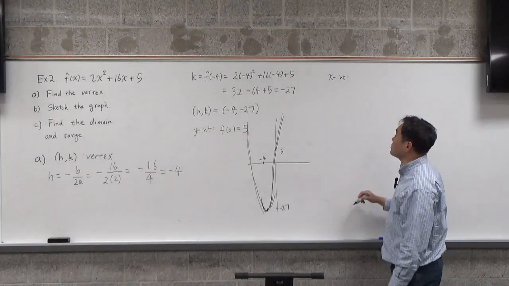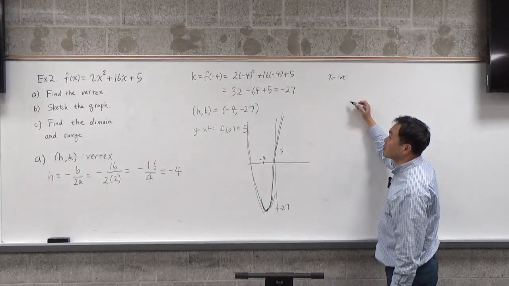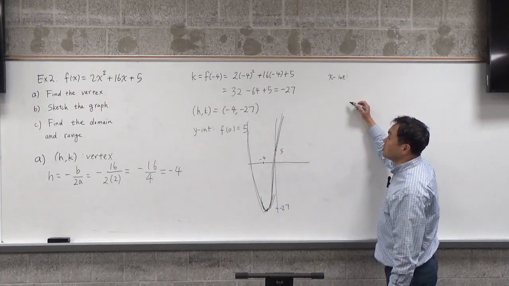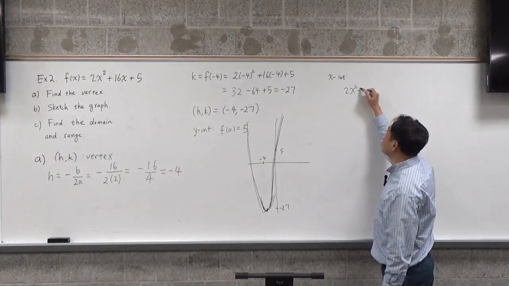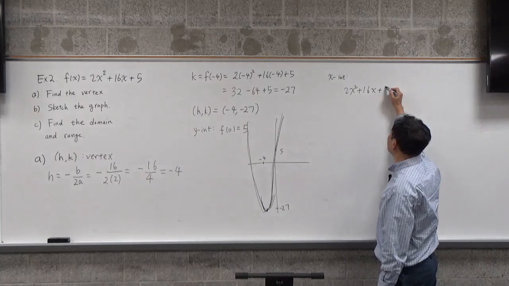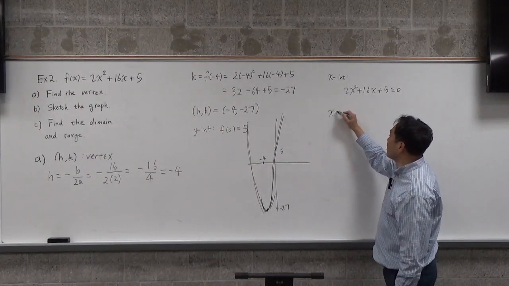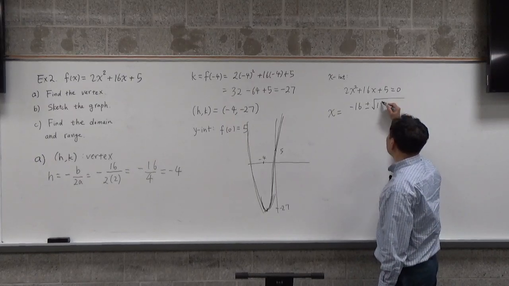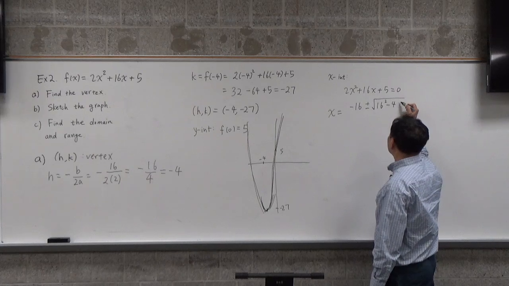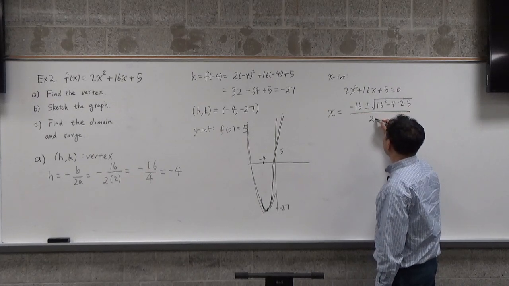It's very complicated. So, look. It's going to be 2x squared plus 16x plus 5 equals 0. And then you have to apply the quadratic formula, x equals negative b plus or minus the square root of b squared minus 4 times 2 times 5, over 2a.